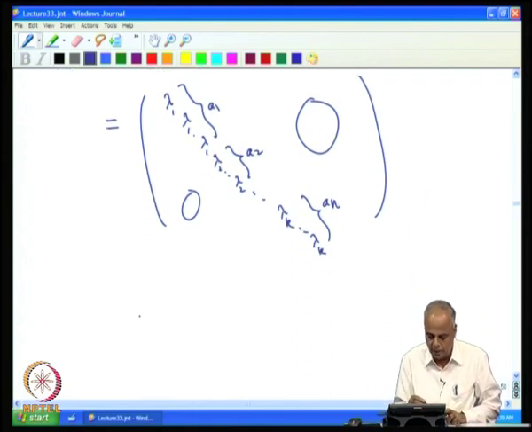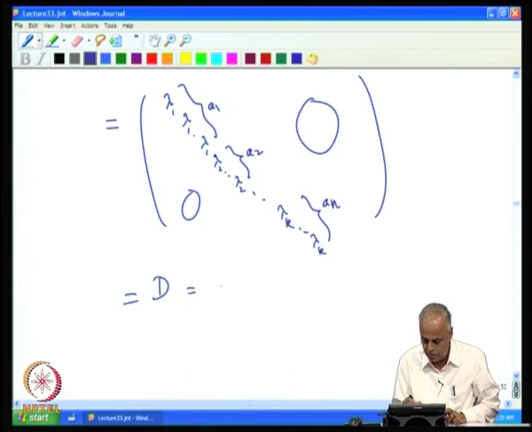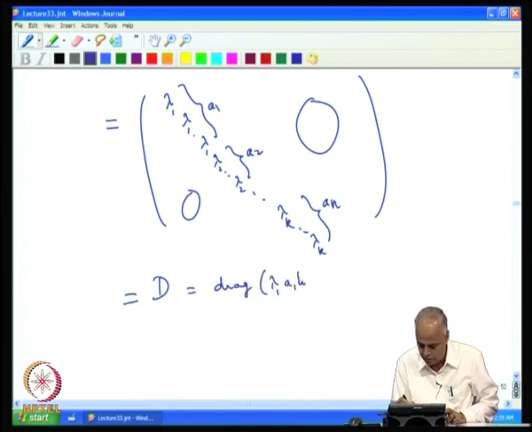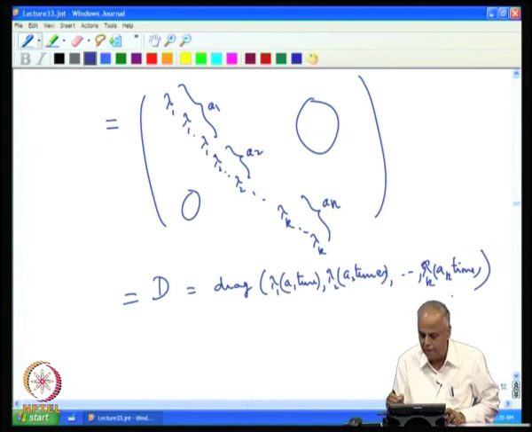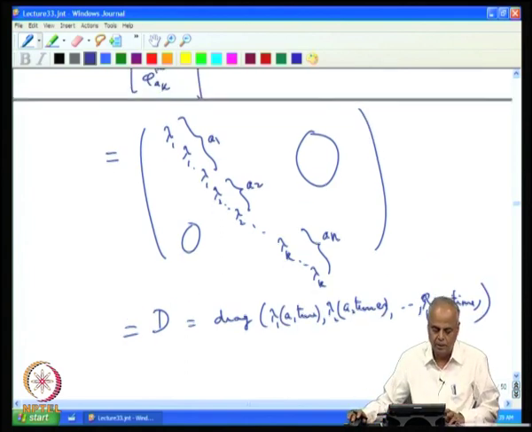We will simply write it as D, which is diagonal, lambda 1 a 1 times, lambda 2 a 2 times and so on, lambda k a k times. That diagonal matrix, we will simply denote it by D.